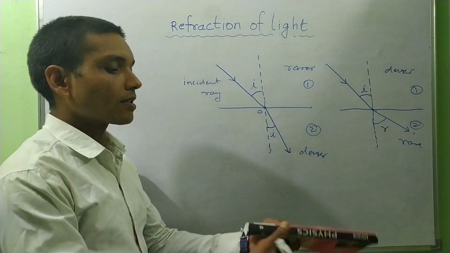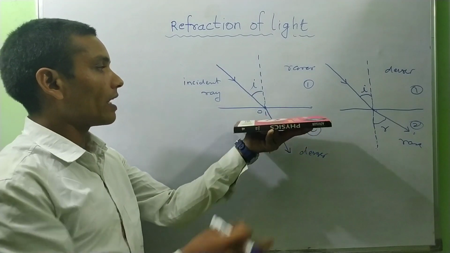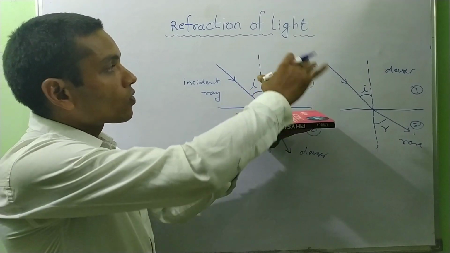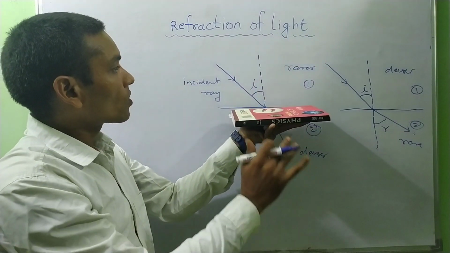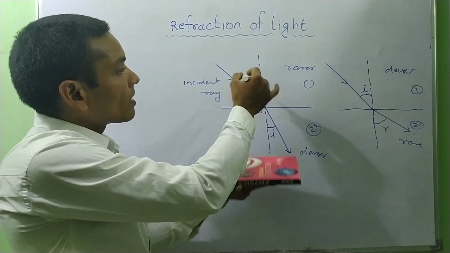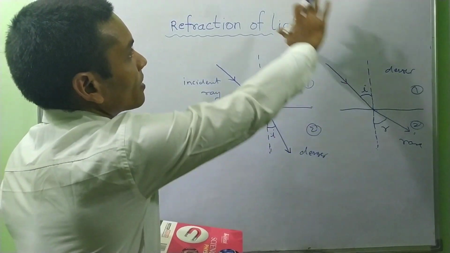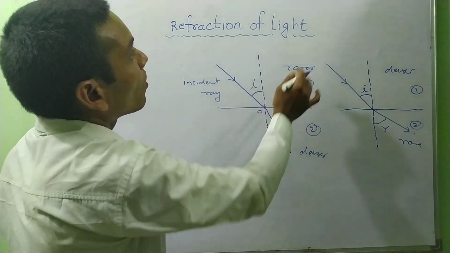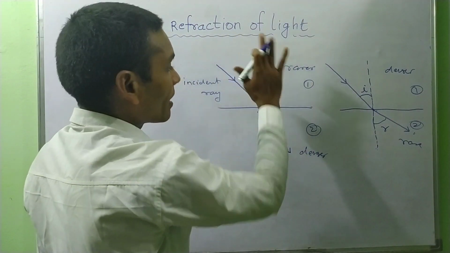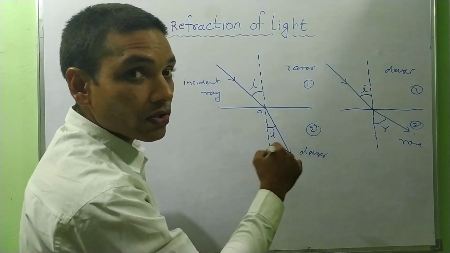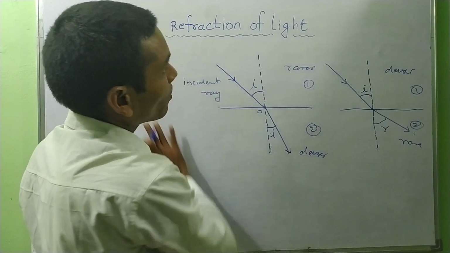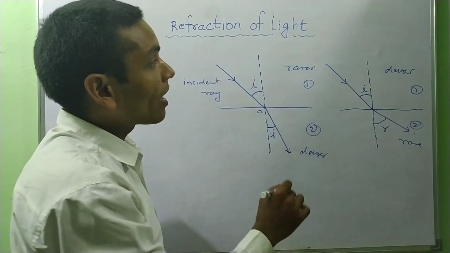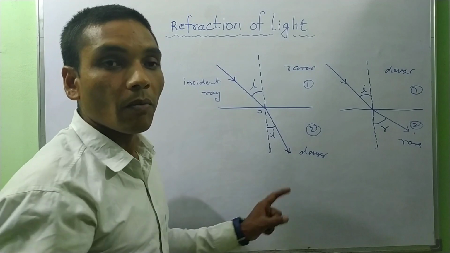Let this be the surface, this is the interface, like that, and it separates two different media. The incident ray lies on this surface, and the refracted ray also lies on this surface, the surface of the board, and this normal line also lies on the surface of the board.